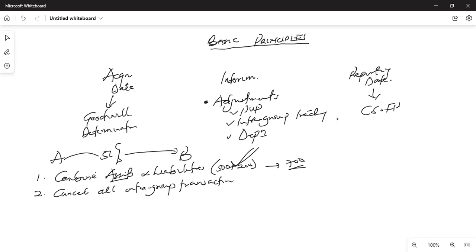You now need to go on and determine the cost of the investment in the subsidiary and cancel that off with the subsidiary's capital and reserves, to leave a goodwill balance. And that is what you see here.